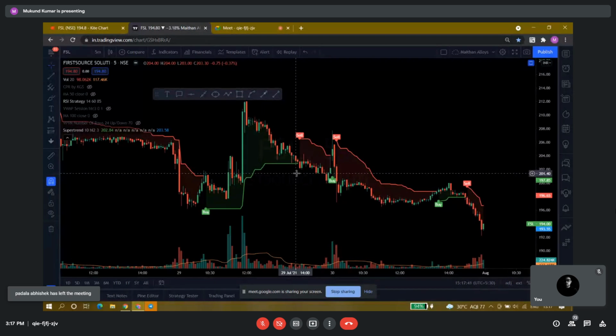Only after the stock achieves its first target, you have to follow this trailing stop loss, the Supertrend trailing stop loss. Till then, you don't have to go with the Supertrend trailing stop loss concept.